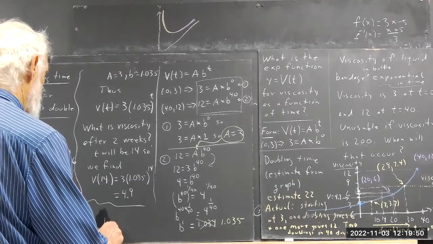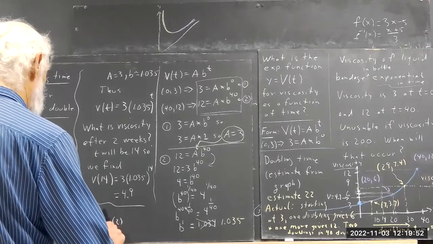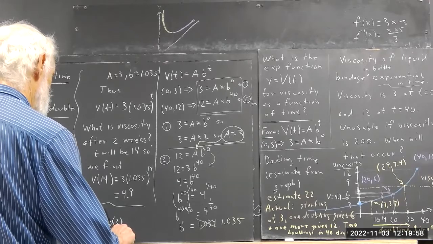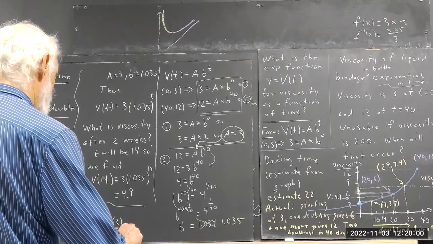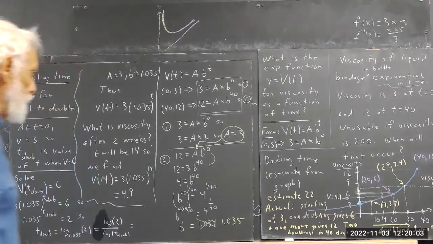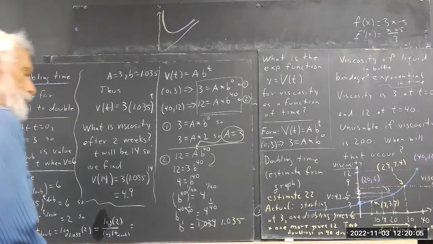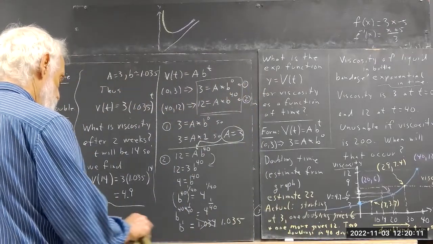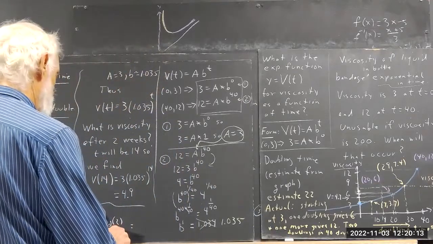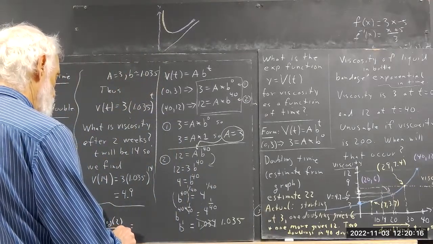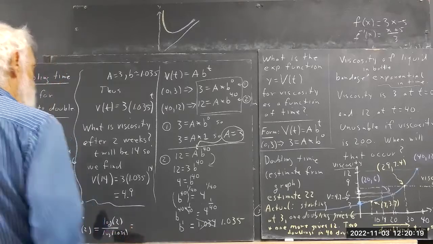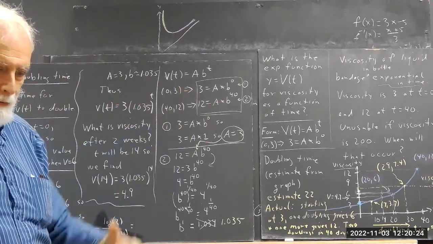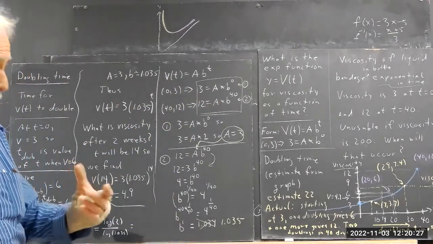That's just log of 2 over the log of 1.035, using the rule that log base b of c equals log of c over log of b.